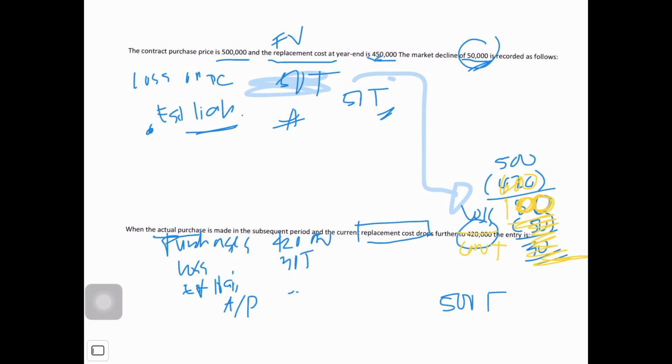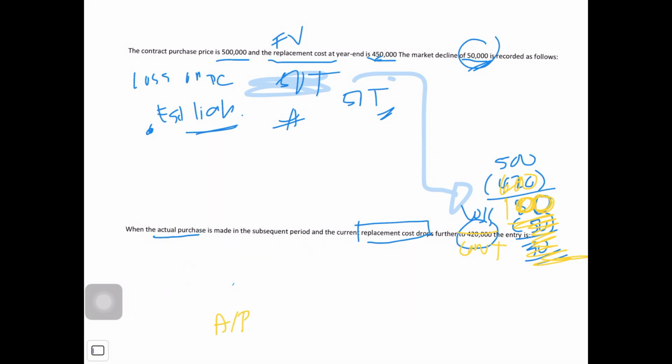There is a gain of 100,000, right? So what happens here is, first, our accounts payable would still be 500,000. That would not change, even if the price is higher than what was agreed. And then, we record our gain. How much? Is it 100,000?